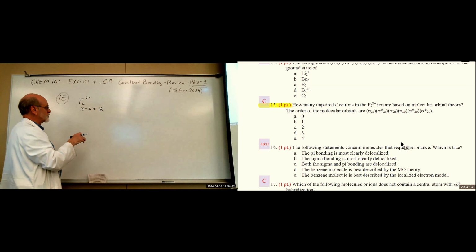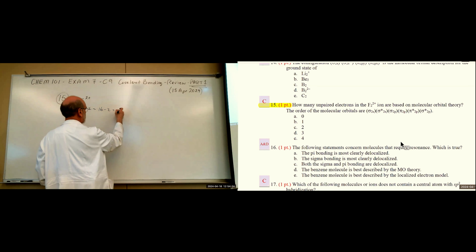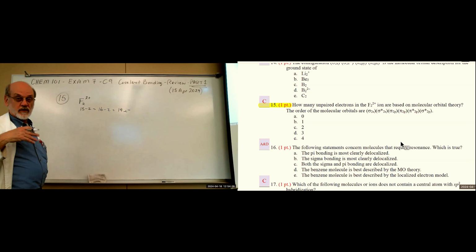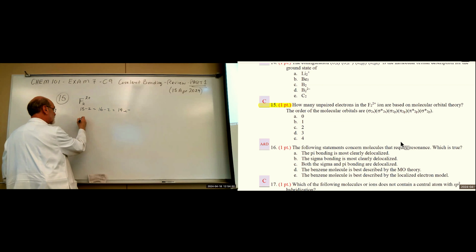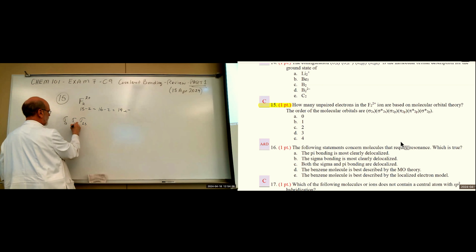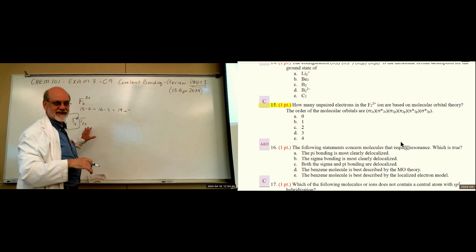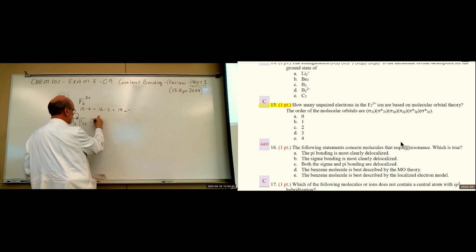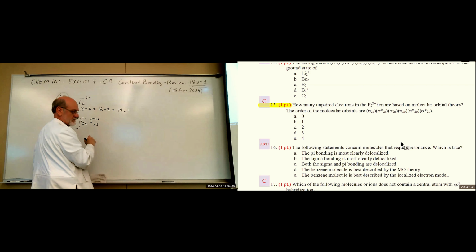The 1s would have 2 electrons, so we're going to take off 2 more electrons, so 14 electrons. 14 valence electrons are the ones we're dealing with in that particular structure. If we're starting with 2s, that means we left off 1s and 1s star. We just chop those out. Okay, all right. So now we have this one.